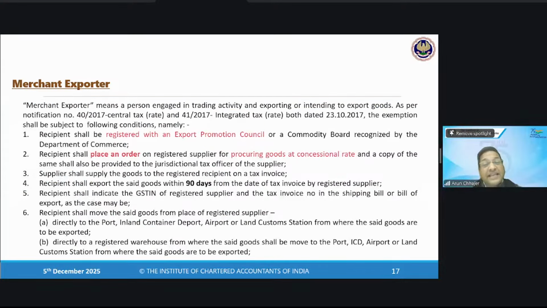If you read the language, it says that recipient shall place the order, that is okay, and a copy should go to the tax officer of the supplier. Because they are saying the copy in the same sentence, in my bare understanding, this responsibility lies on the recipient. But the problem is, if these conditions are not satisfied, then they will raise interest, penalty, etc.